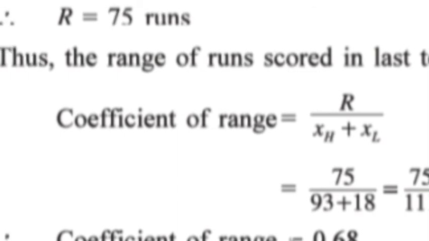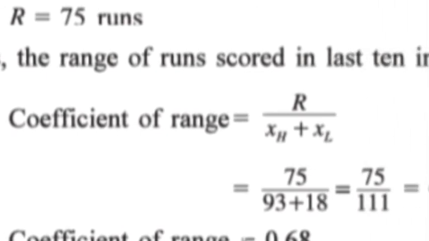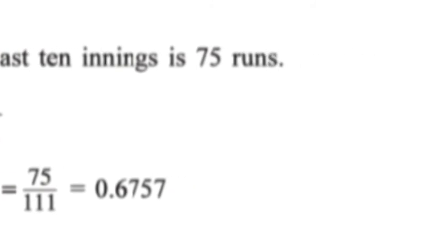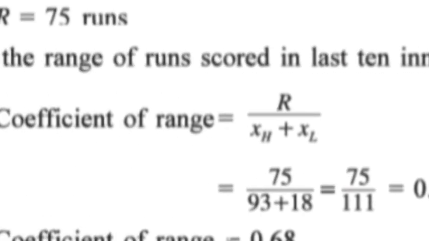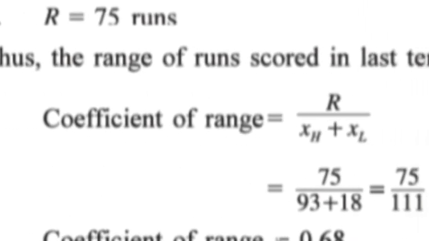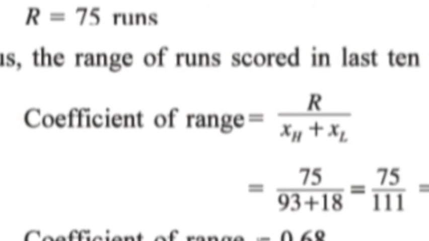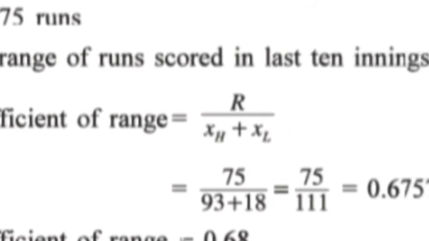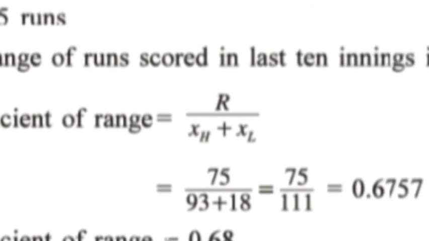Now, in the given sum, I am repeating all the scores: 48, 75, 37, 52, 93, 81, 25, 72, 18 and 60.